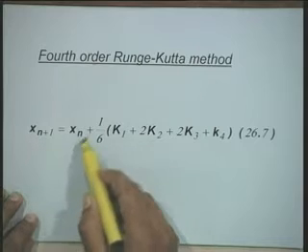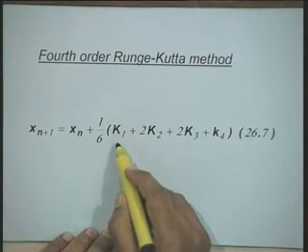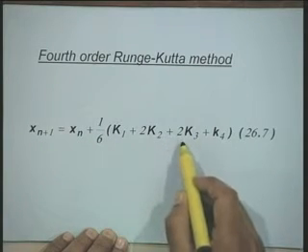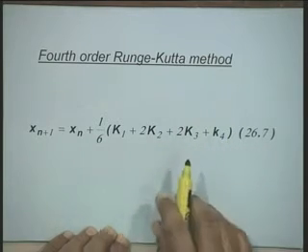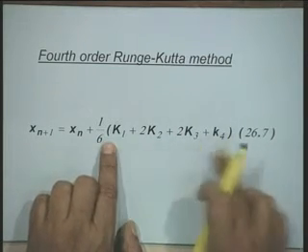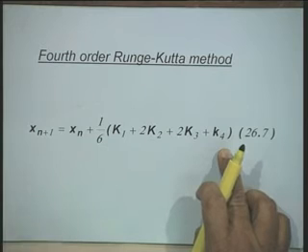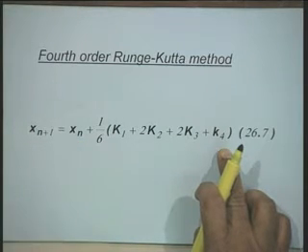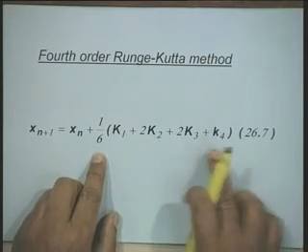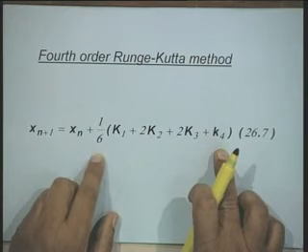This is the formula you can see here: x n plus 1 is equal to x n plus 1 by 6 of K1 plus 2 times K2 plus 2 times K3 plus K4. These are all small increments in delta x, and the increment in the small step delta t is obtained by taking the weighted sum and dividing by 6, that is the weighted average you can call it.